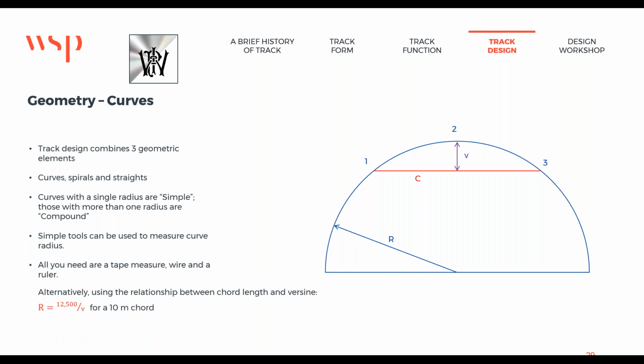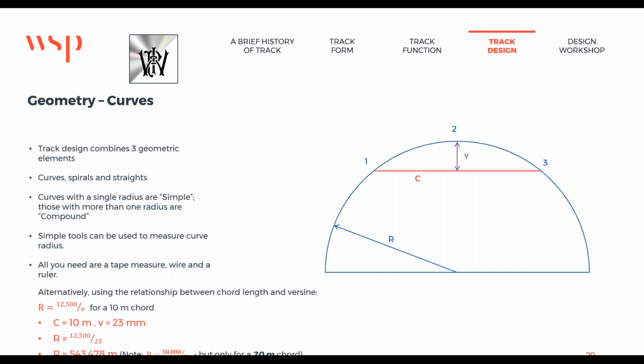Good. There's an alternative way using a special relationship between the chord length and the versine. So if you want to know R and you're using a 10-meter chord, then R is 12,500 divided by V. So for C equals 10 and V equals 23, we get 12,500 divided by 23.